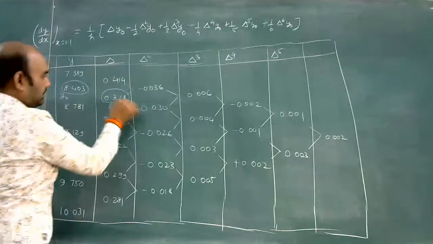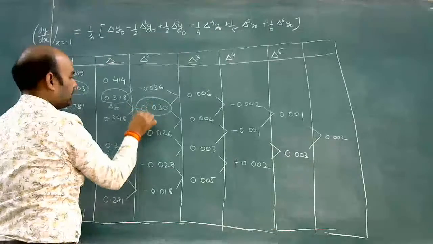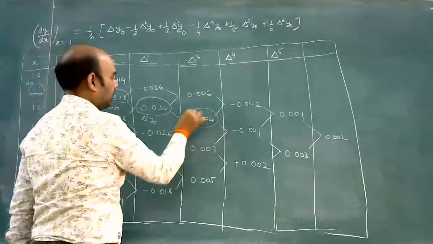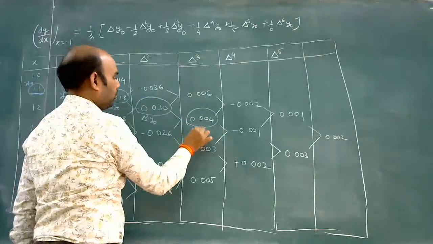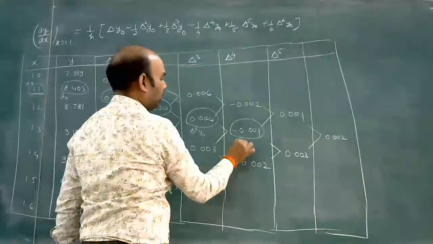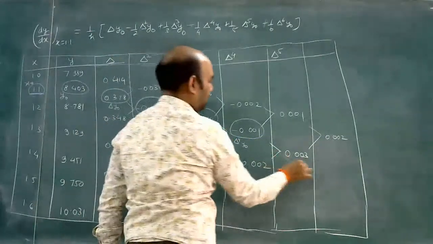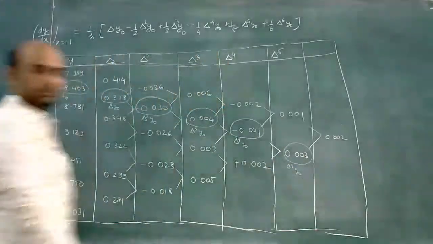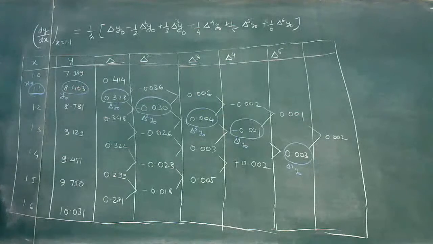Okay, and the second value will be del square y naught. This will be del cube y naught. Okay, this will be del to the power 4. This is del to the power 5. Okay, so now we substitute these values.